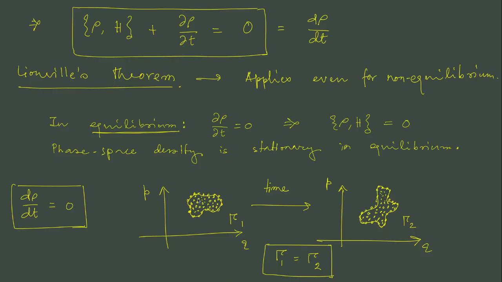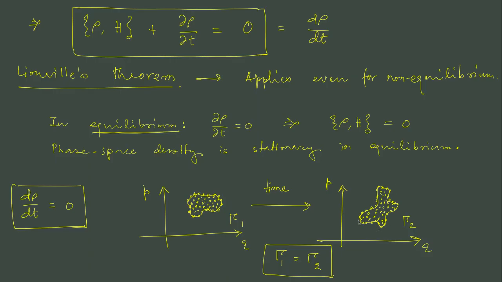So the particles cannot go out, the particles can't come in, and of course the particles at the boundary, their total number would also be the same. So as such, the total number is not changing. If that happens, then this area containing a given number of phase points must be the same at a later time.